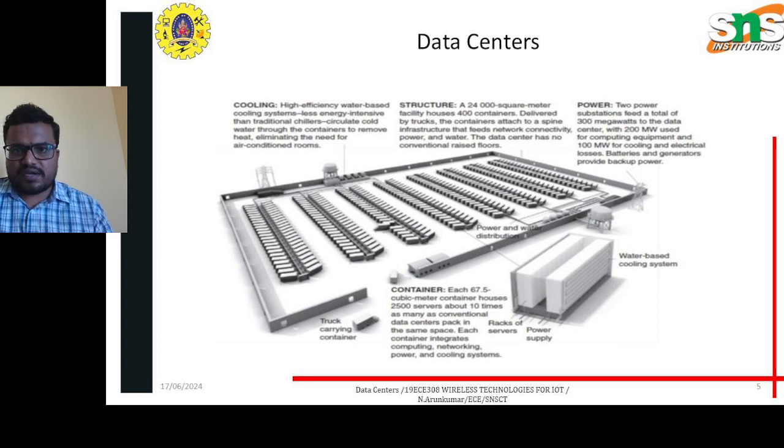Even if you are having any errors in the data centers, then automatically your data gets some errors, so we cannot see the data in original conditions. So in order to avoid that, we check the cooling process, because all those things are in different conditions, so we have to check the cooling with the help of this processor.